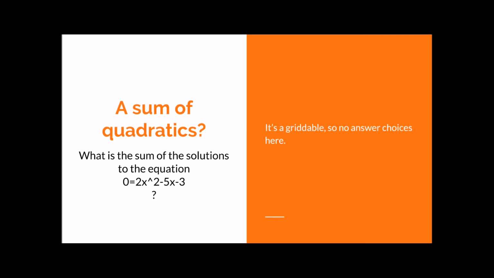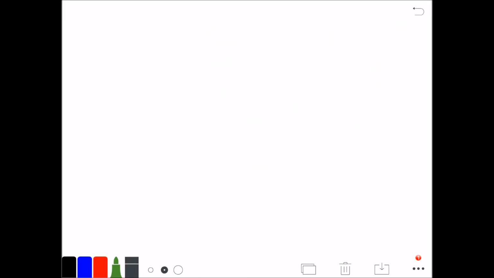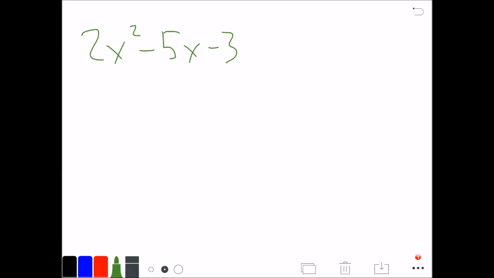Let's do the next question, the sum of quadratic solutions. What is the sum of the solutions to the equation 2x² − 5x − 3 = 0? It wants the sum of solutions, so you have to solve this quadratic and then add them together.